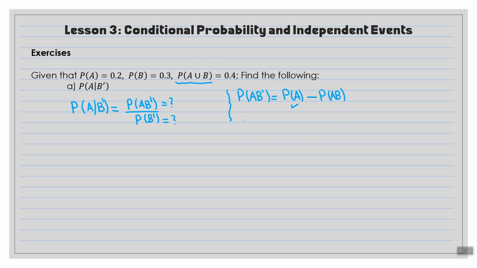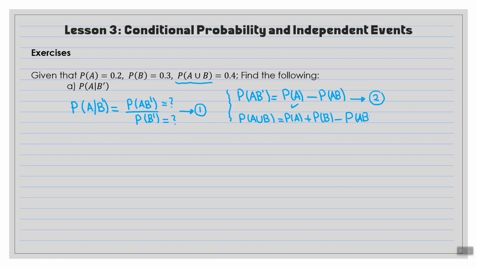We've learned that. So let's call this line 1. Let's call this line 2, okay? Now, we know this formula. We know that the probability of A union B is equal to the probability of A plus the probability of B minus the probability of AB, right?